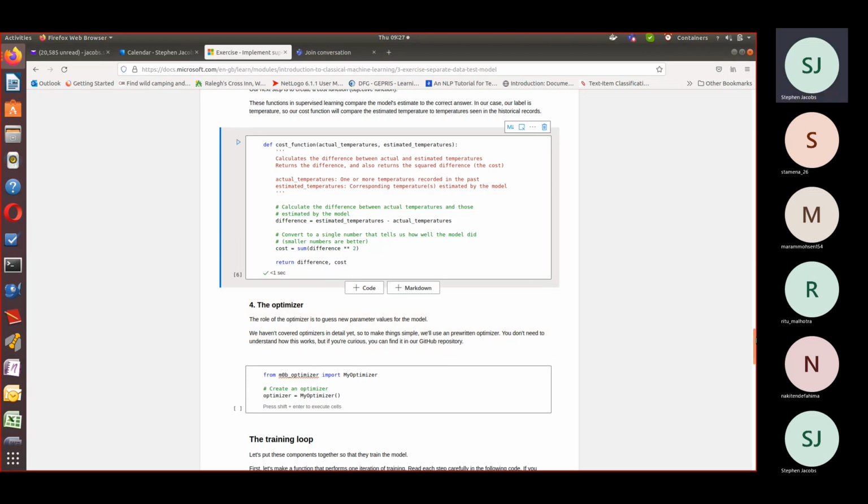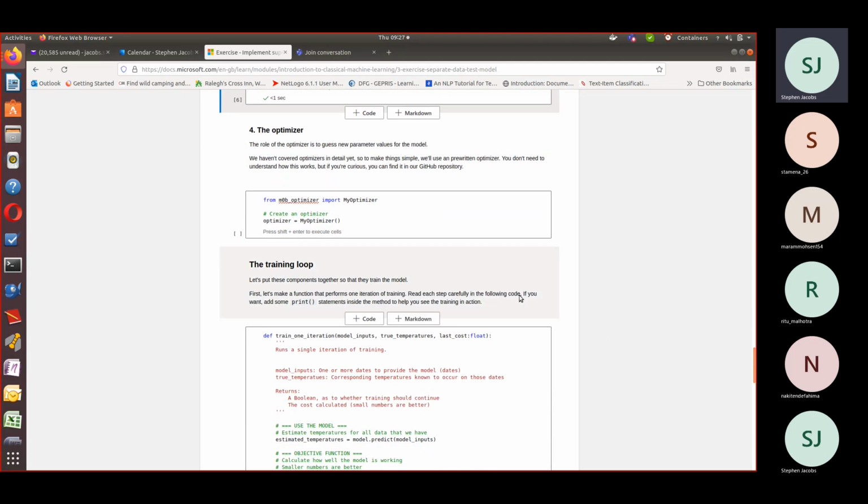Then we need to consider the role of the optimizer to guess the new parameter values for our model. So we know the values aren't 0. Well, we don't know that. The cost is at the moment quite high, which we can see in a minute. And we can try and reduce that cost by changing those parameters. How they're changed is part of the algorithm, which we'll get into a bit later.